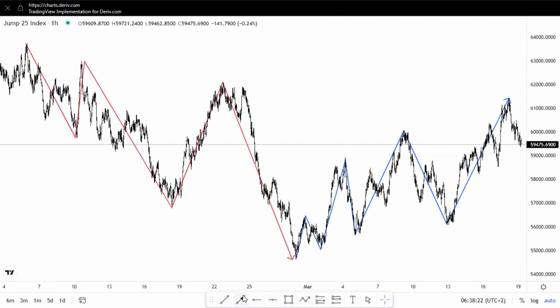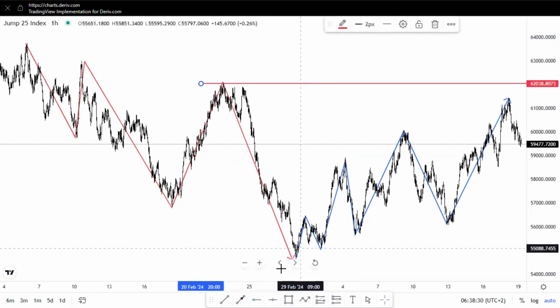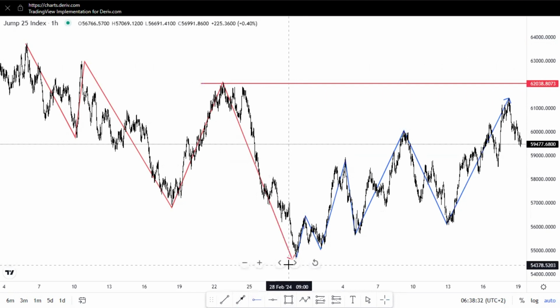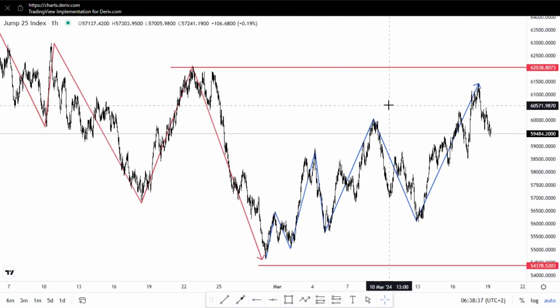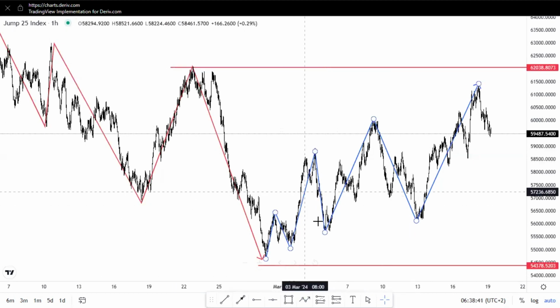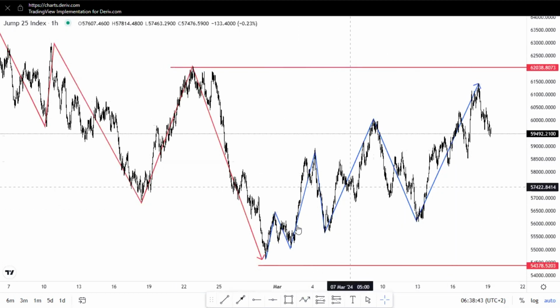Then we'd have something like this after we highlight the most recent lower high and lower low. Then we focus somewhere here, and as you can see, the price is still within this lower high and this lower low, which means this here is just a simple pullback.